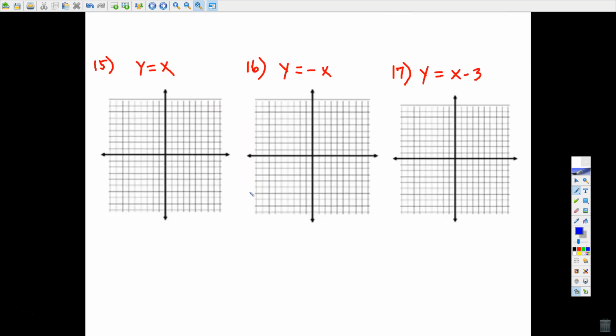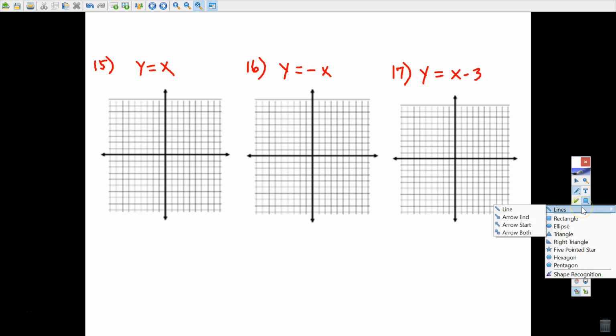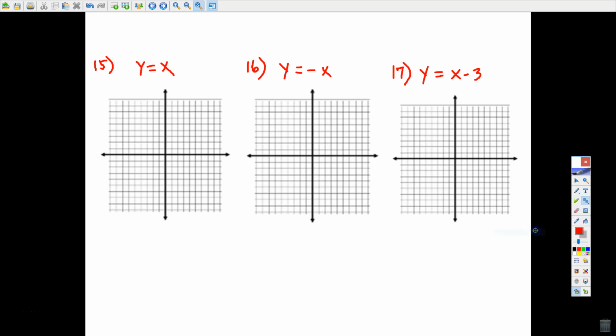Okay, now we get into some parent functions with their translations. So let's run through those quickly. The line y equals x. Get my line draw tool. Y equals x. You should be familiar with that at this point. That's a line that passes through the origin because the y-intercept is assumed to be 0.